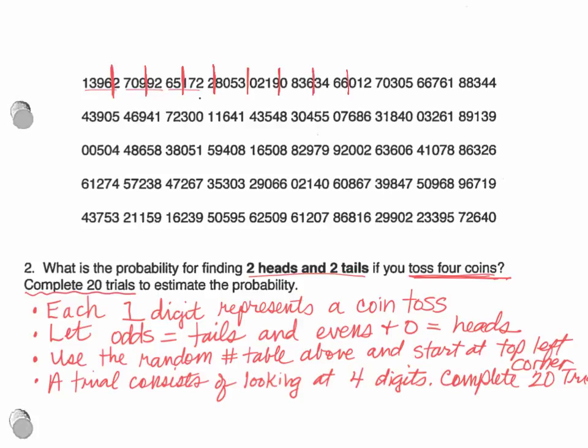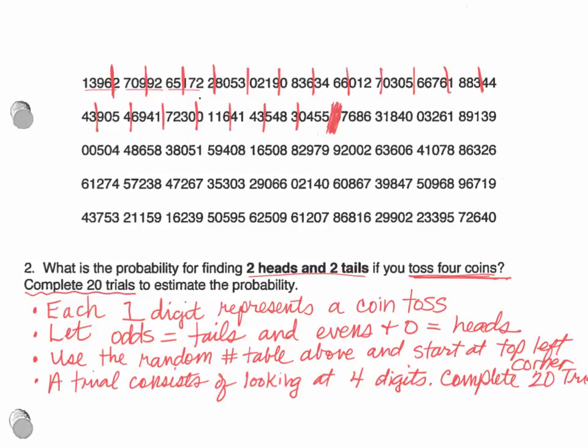I've lost count. 3, 6, 8, 16. At the end of the line, when you come across something, just continue on to the next line as if there was not an end. Okay, so there's the end of my 20 trials.